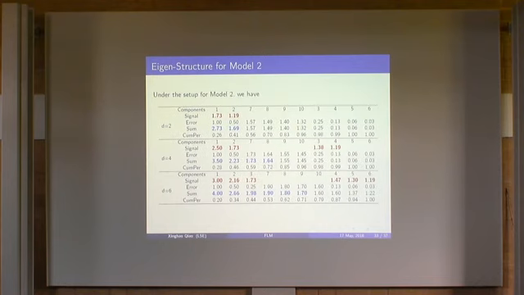But then we try to make it more complicated. We change the eigenstructure of the error term by not having a constant variance. Here we just rank the variance of the sum of the signal and the error. For the first case, components 1 and 2 have the largest variance.